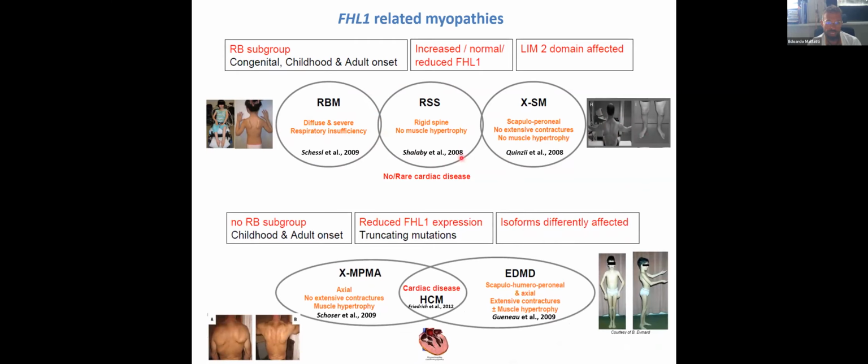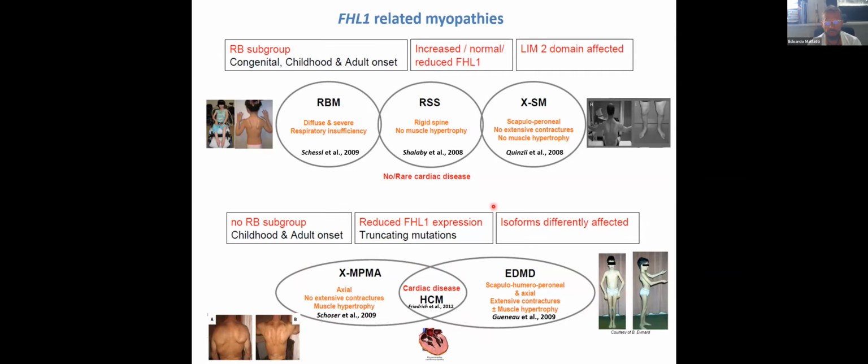In this case, what is typical is that there is usually no cardiac involvement, while there are other forms that are not linked to the reducing bodies in the skeletal muscle, where we can have axial muscle hypertrophy, we can have cardiac disease with hypertrophic cardiomyopathy, or Emery-Dreifuss-like phenotypes with the typical contractures at the elbows.